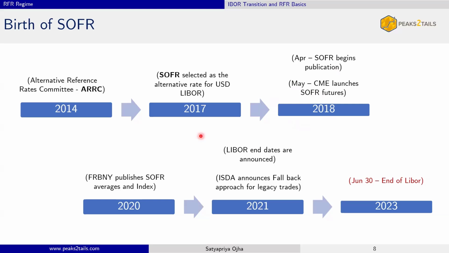SOFR stands for Secured Overnight Financing Rate. Now that SOFR rates were published and futures are listed, trading has started already. What to do with the legacy contracts, which still had reference to LIBOR?